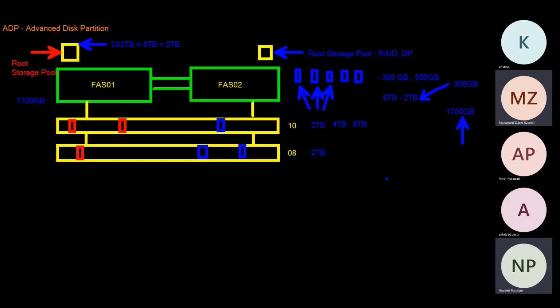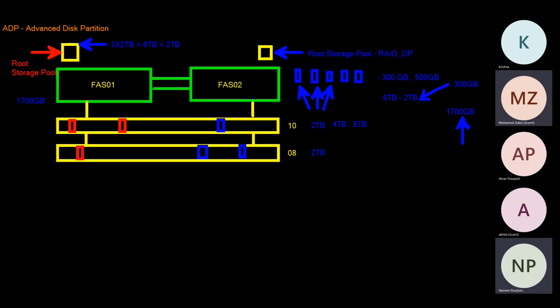It contains the operating system, supporting files, as well as the applications we install, like VLC media player or other software. Whatever software we install goes on the C drive by default. Same thing here as well. The root storage pool just contains the configuration files of the controller. That's it, just like your C drive. Your C drive normally doesn't require more than 100 GB or so. Same here.